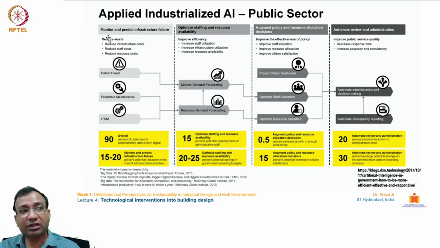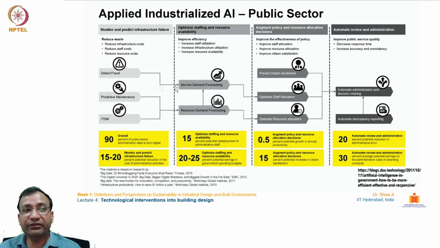The first column talks about monitoring and predicting infrastructure failure, reducing waste, so reducing infrastructure costs, staff costs, and resource costs. These are measures which can be taken for further improvement, like detecting fraud if it is happening at a certain level, predictive maintenance, and ITSM. Further, in the next column, we see optimizing staffing and resource availability, improving efficiency, increased staff utilization, increased infrastructure utilization, and increased resource availability.